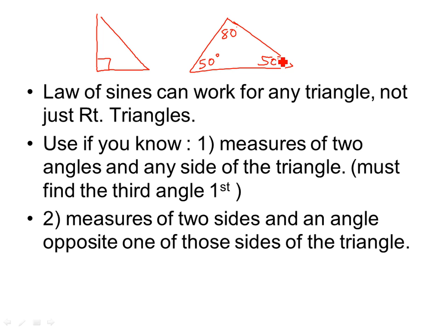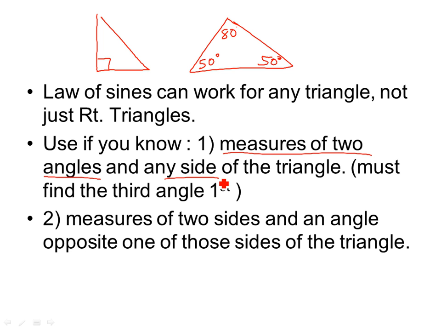We're also going to cover something called the law of cosines. With the law of sines, you need to know certain information. With the law of cosines, you need to know certain information to use either one of them. So, for law of sines, if you know the measure of 2 angles and a side, then you can use the law of sines.